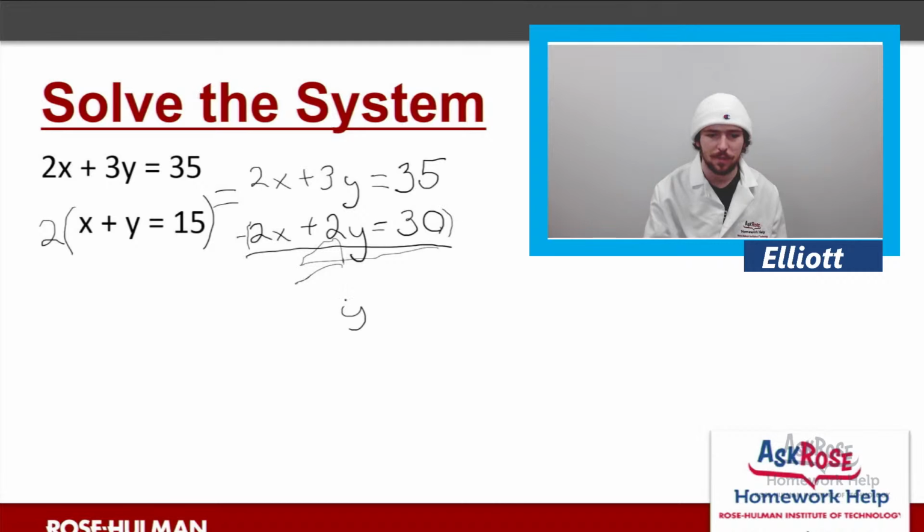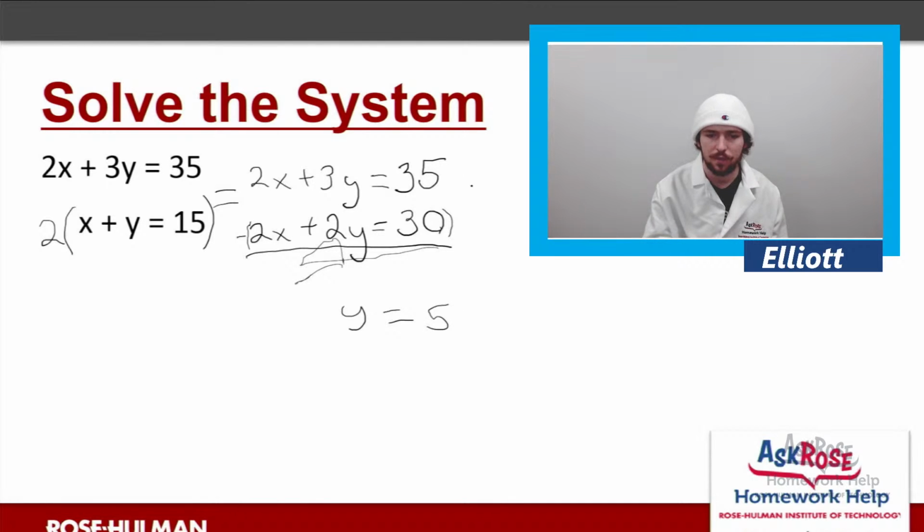There we go, awesome. So we're going to subtract 2x from this 2x, this 2y from this 3y, and this 30 from this 35. So we're going to get y equals 5.